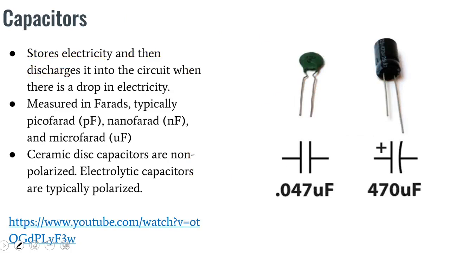Then another type of electronic device that we would use quite a lot is called a capacitor. The idea of a capacitor is that it can store some electricity. In a basic manner, it is a storage device for electricity.